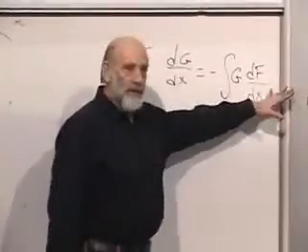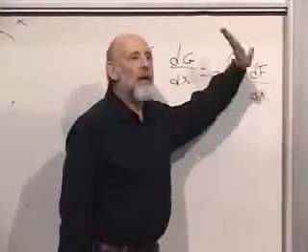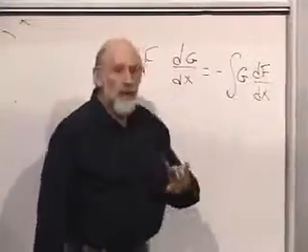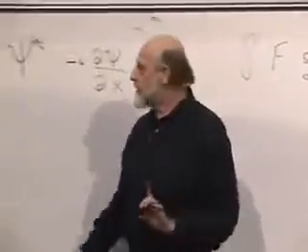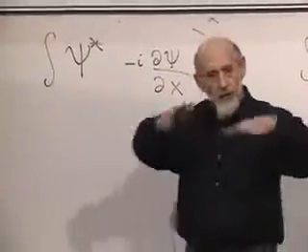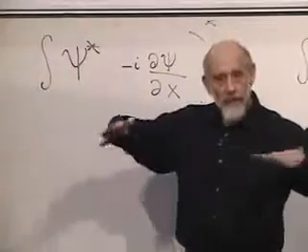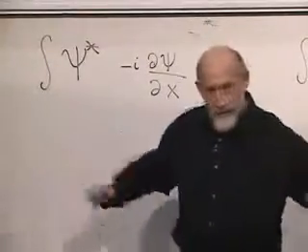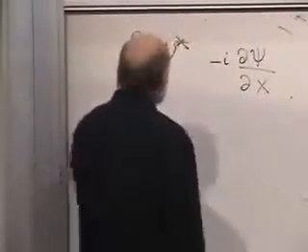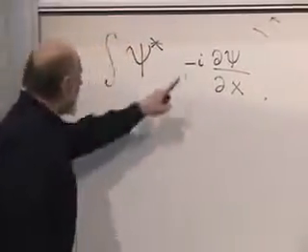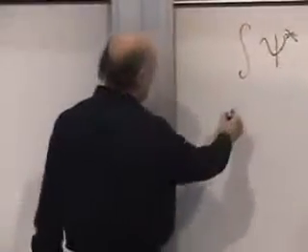What am I missing out of this? The endpoints of the integration. But the argument for the endpoints is that I've chosen functions psi which go to 0 far away. If they go to 0 far away, I don't have to worry about the endpoints of the integration. So let's integrate this by parts. To integrate it by parts, I simply throw in another minus sign.